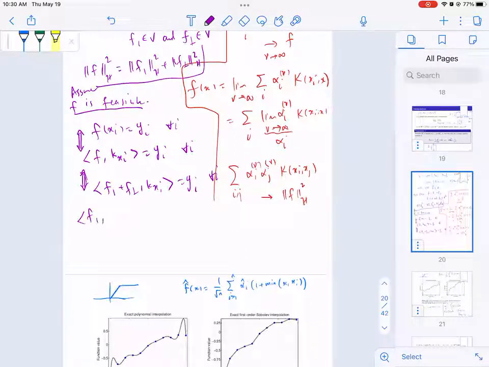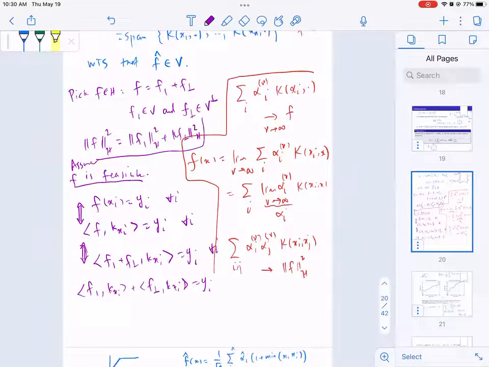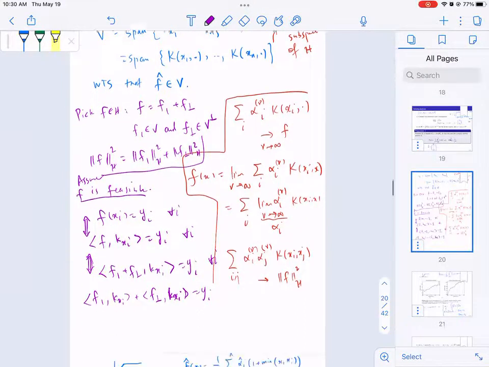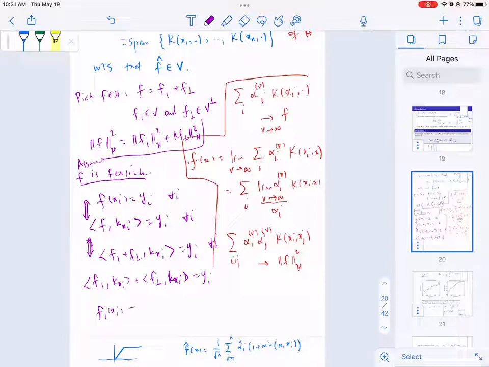I get f1 inner product k(x_i) plus f perp inner product k(x_i). Is there a simplification that I can do here? That doesn't help me, because that would give me f1(x_i) plus f perp(x_i) equal to y_i, but I know this because this side is f. That doesn't help me. What can I say about this term?